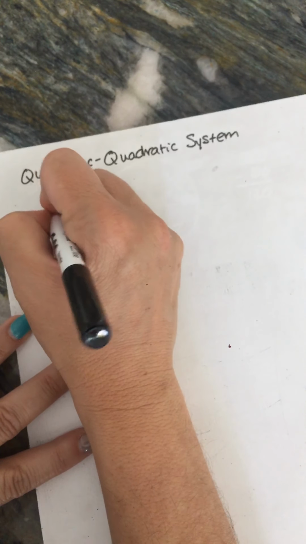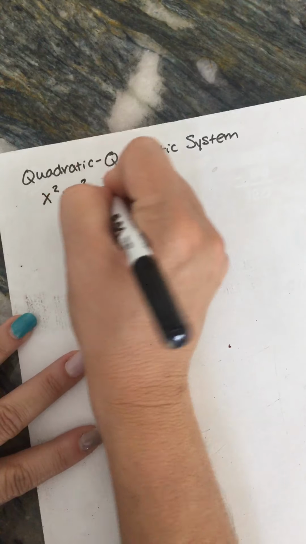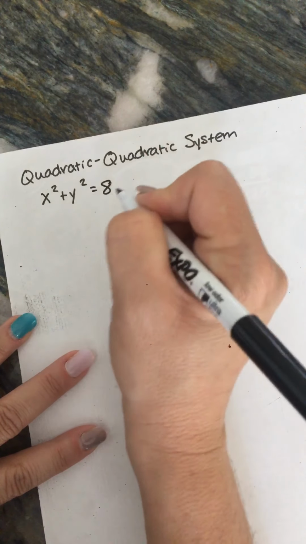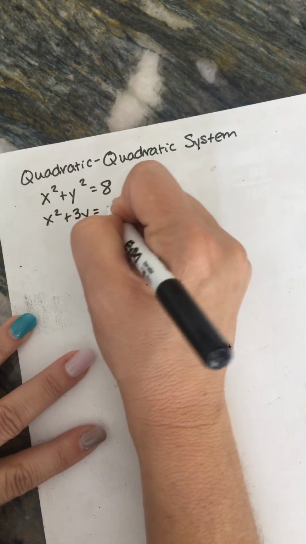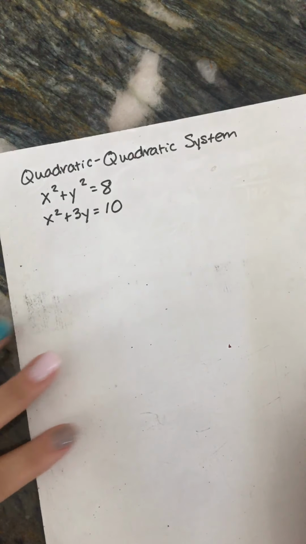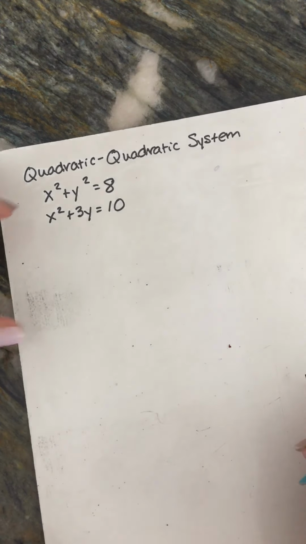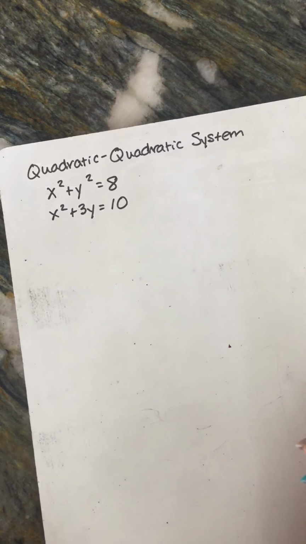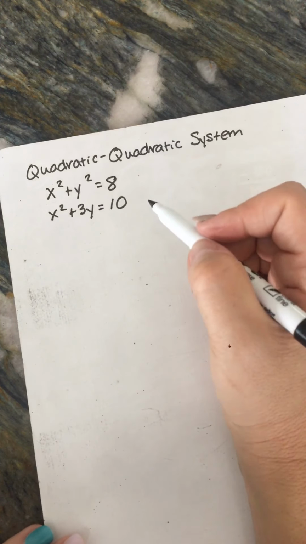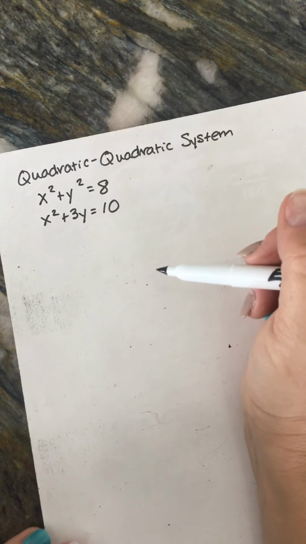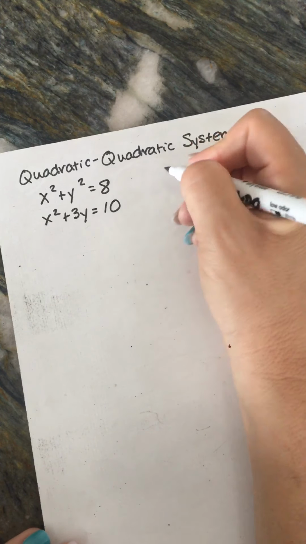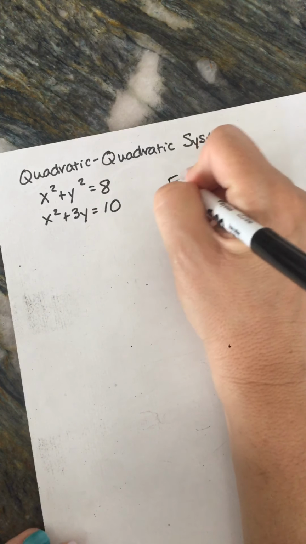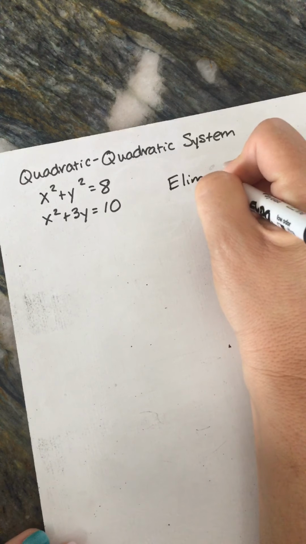Let's do x squared plus y squared equals 8, and x squared plus 3y equals 10. So it looks like we have a circle and maybe an ellipse. I don't know, we'll see. Doesn't matter really. We're not asked to identify them at this point. So I've got a quadratic system. The way I would solve a quadratic system is using elimination.